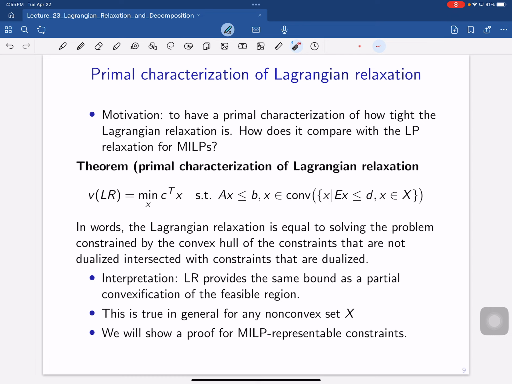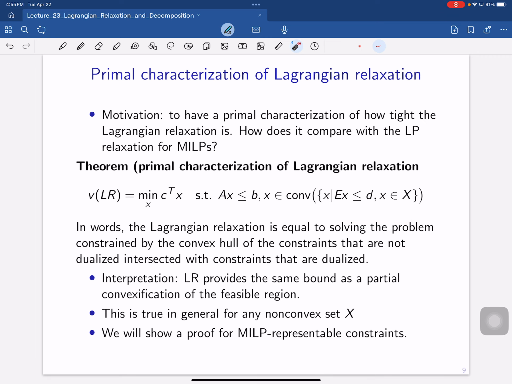This so-called primal characterization of Lagrangian relaxation says the value of the Lagrangian relaxation is equivalent to solving the following primal problem. That's why it's called the primal characterization, because in this optimization problem there are no dual variables.